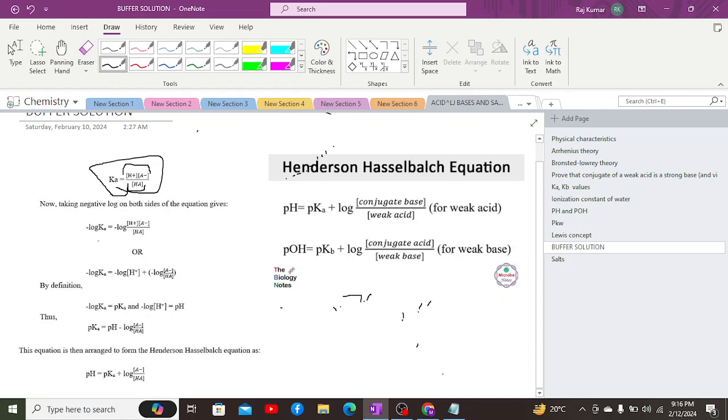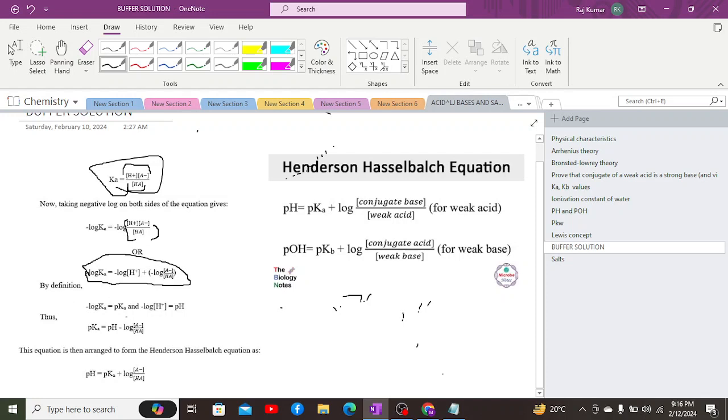Taking minus log on both sides, minus log Ka is equal to minus log of the proton plus minus log of A upon HA.